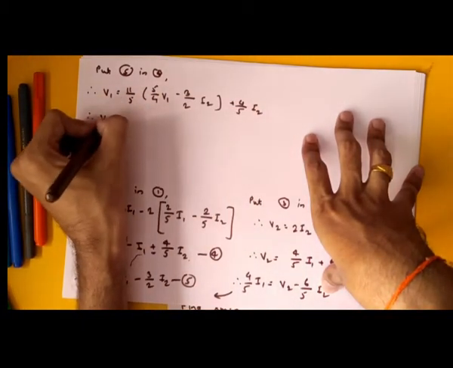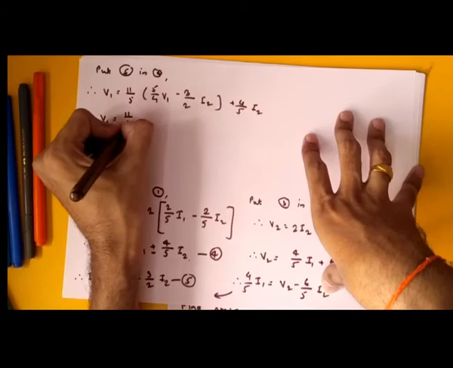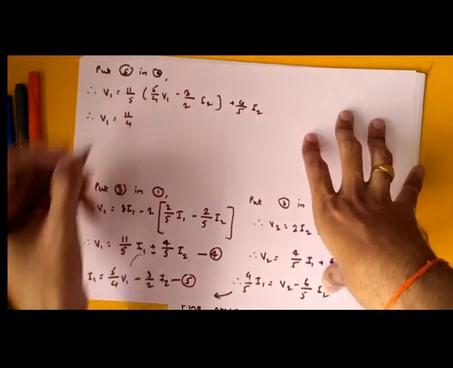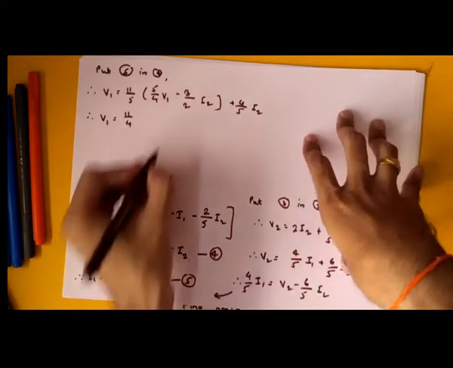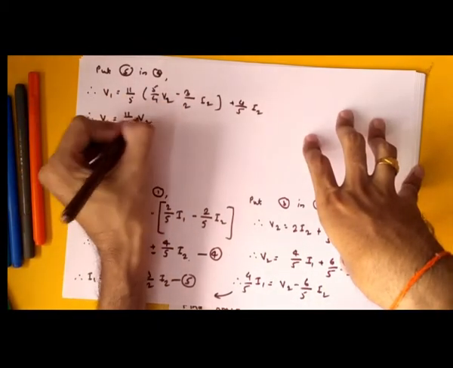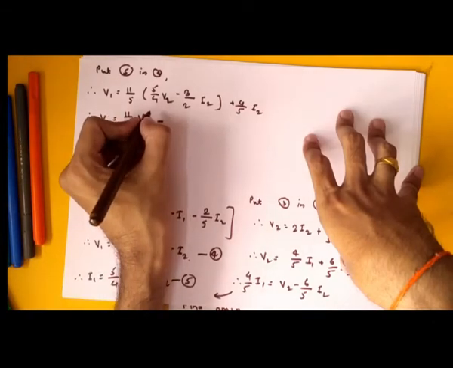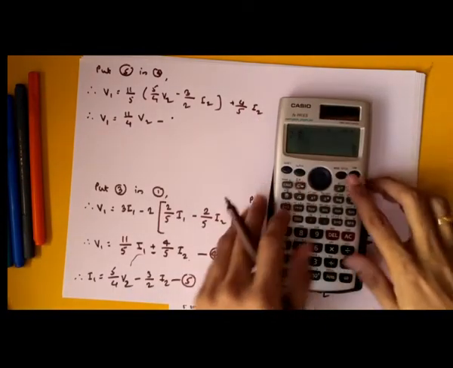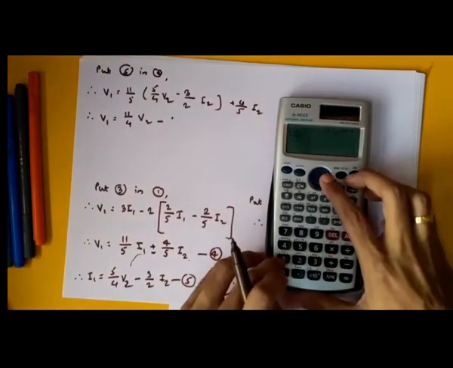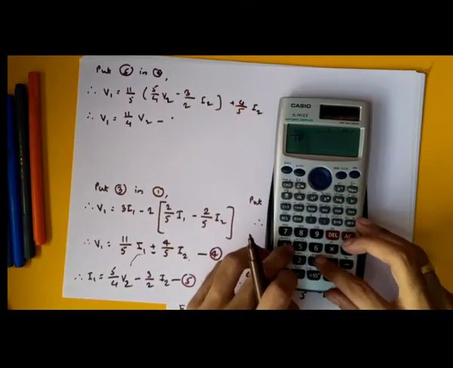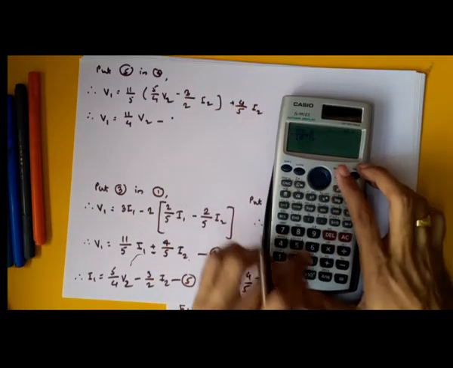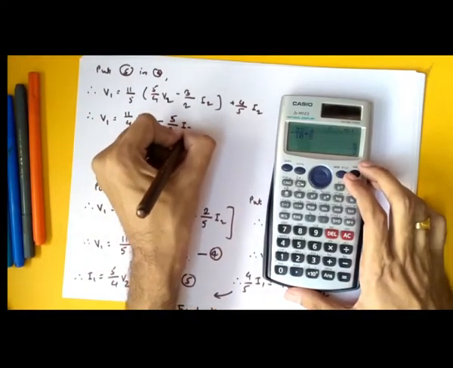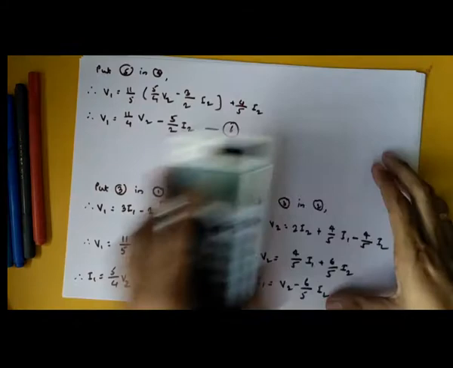So therefore V1 equal to 11 by 4 V2 minus 33 by 10 I2 plus 4 by 5 I2. So minus 5 by 2 I2. This is equation 6. Right?